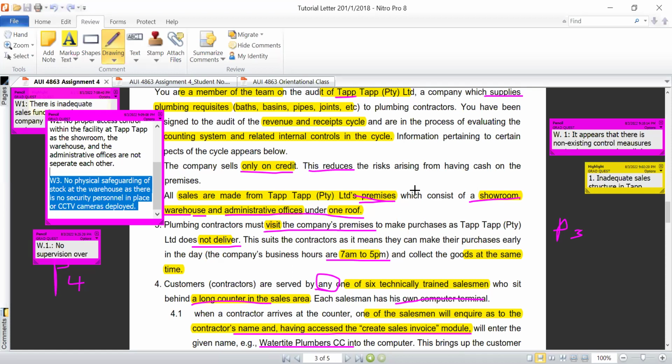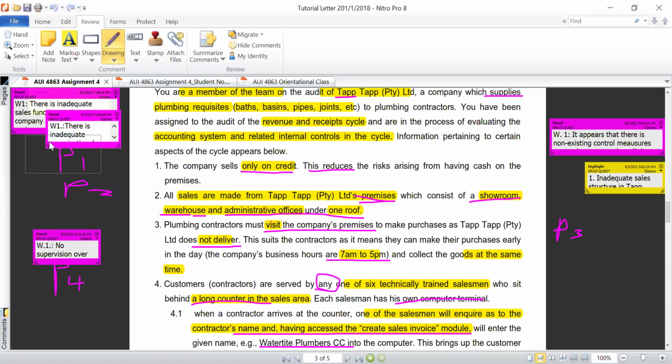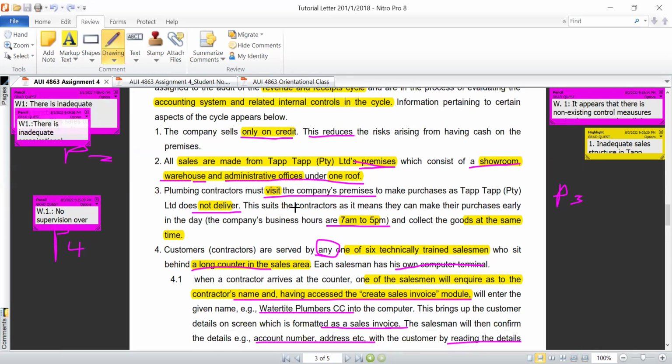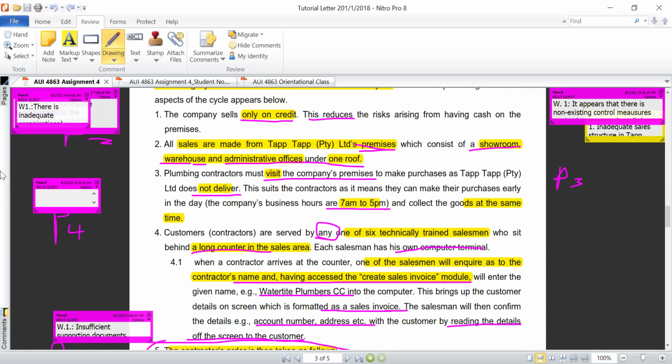We're not told anything about that. So when I see it not being mentioned, guess what it means? That's a missing control, and the missing control attributes to a weakness in this context. Am I making sense? Yes. Wonderful. Now let's continue.